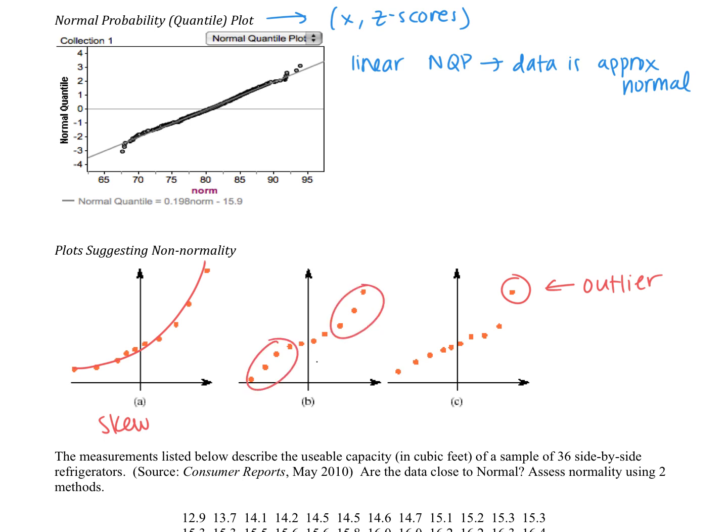In B, this is what we call heavy-tailed. All that means is it's a bell shape, but the tails were pulled out, like a bell shape that is stretched out. Ultimately, though, what I care is that you can look and tell me: linear, the distribution is approximately normal. Not linear, not approximately normal.